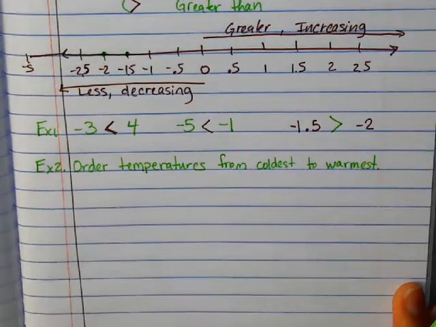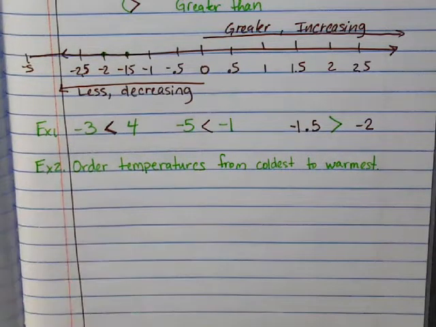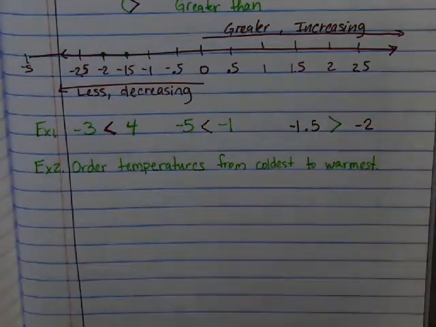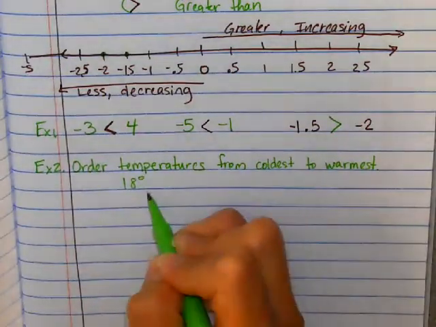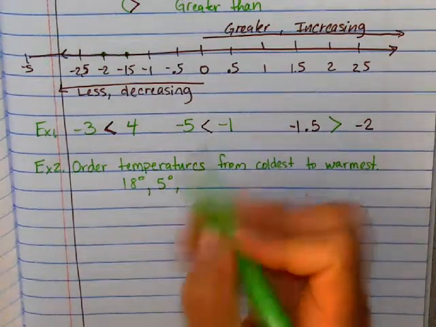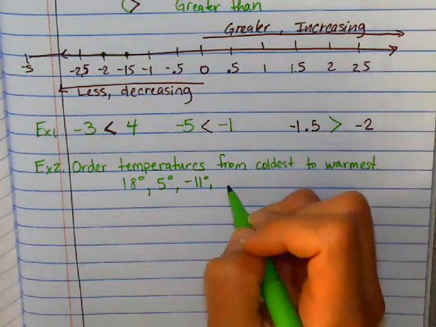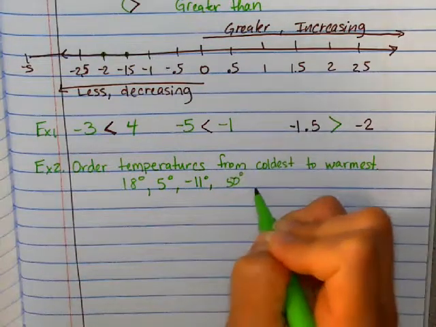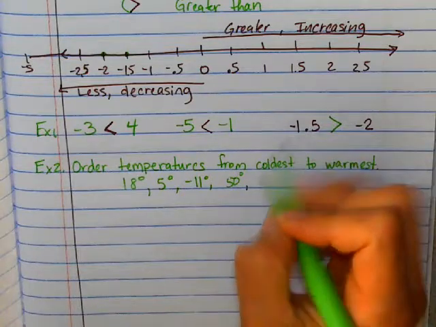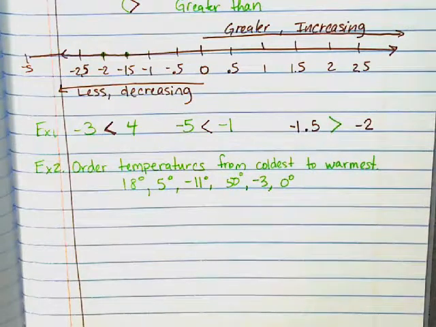Let's say we have negative 18 degrees, 5 degrees. Let's throw in the negative 11 degrees. Let's say 50 degrees. Negative 3 and 0 degrees. There we go. There's enough data there.